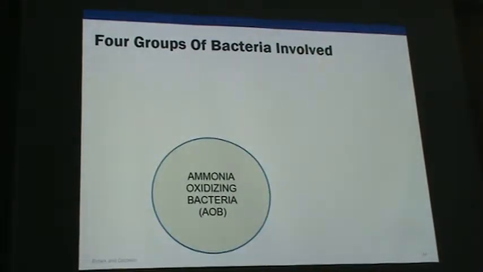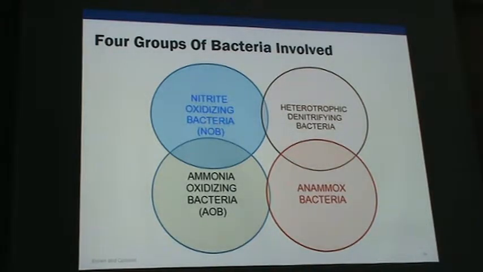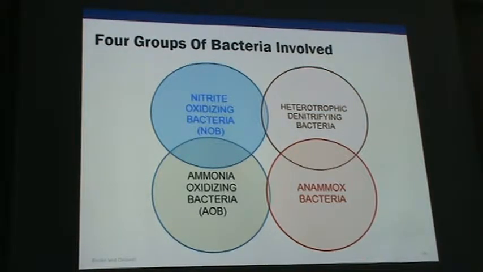So I want to quickly illustrate, this is new for you, a little graphic I put together where in the Anammox system there are 4 different kinds of organisms. You know from what you've seen already that there are AOBs, there are NOBs, there are the heterotrophic denitrifying organisms, and there are these new guys on the block, the Anammox bacteria.